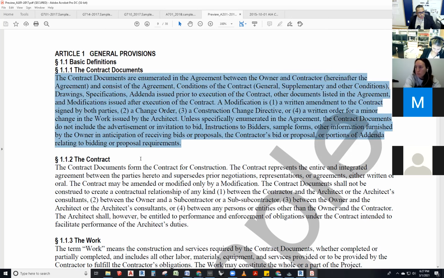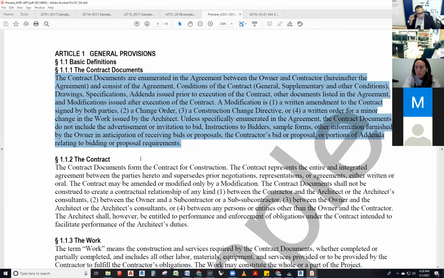The contract documents are enumerated in the agreement between the owner and contractor, hereafter the agreement, and consist of the agreement, conditions of the contract, either the general or supplementary conditions, and other conditions, drawings, specifications, addenda issued prior to execution of the contract, other documents listed in the agreement, and modifications issued after execution of the contract. A modification is a written amendment to the contract signed by both parties, a change order, a construction change directive, or a written order for a minor change in the work issued by the architect.